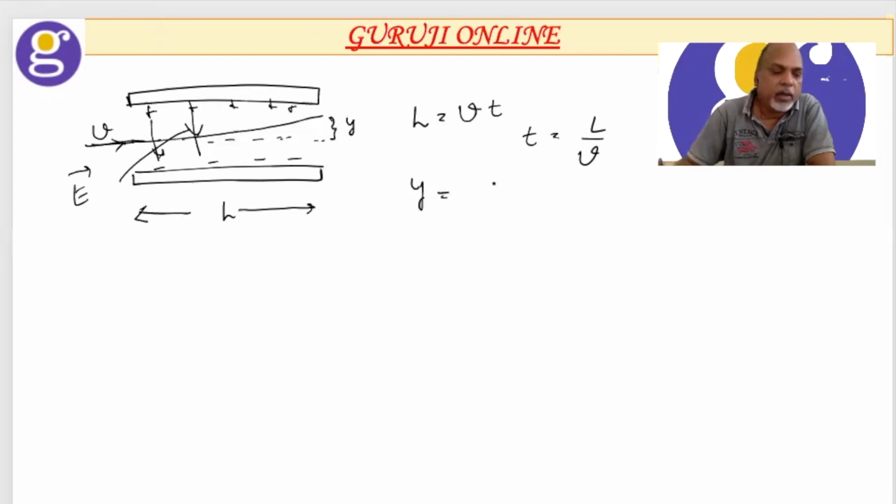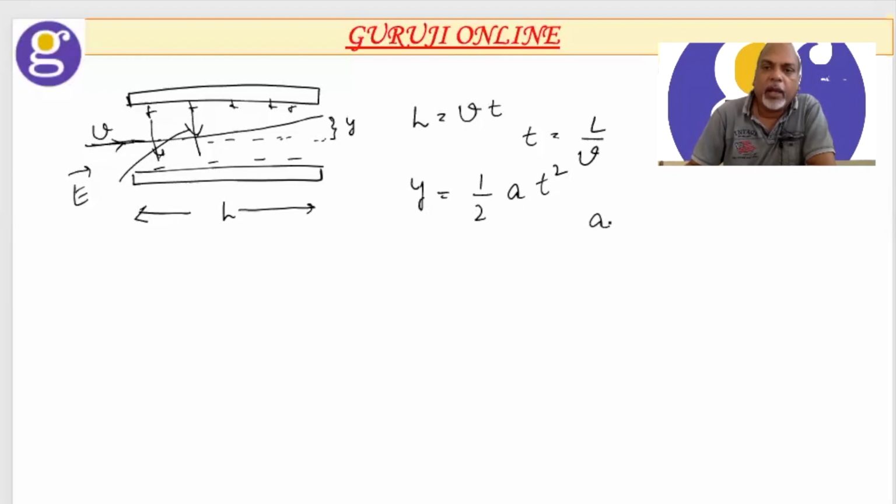This will be nothing but half A T square, because here it has only horizontal velocity. So vertical velocity will be 0. So Y deflection will be only half A T square.